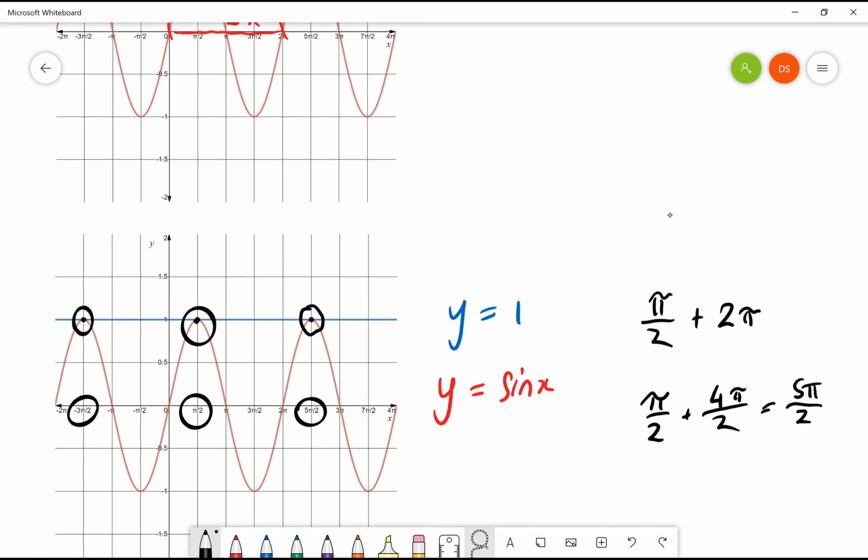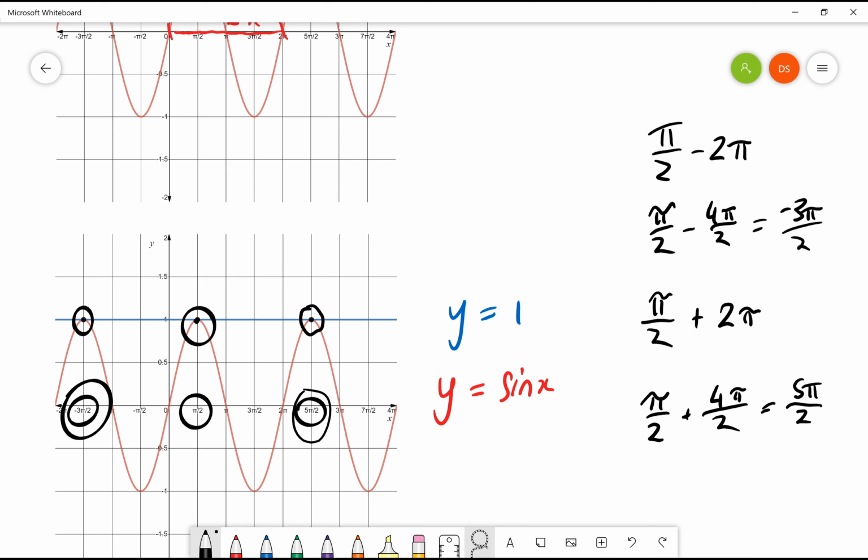Similarly, if I go pi on 2, take away 2 pi, that's pi on 2, take away 4 pi on 2, which is equal to negative 3 pi on 2, which is the two solutions that I had before.